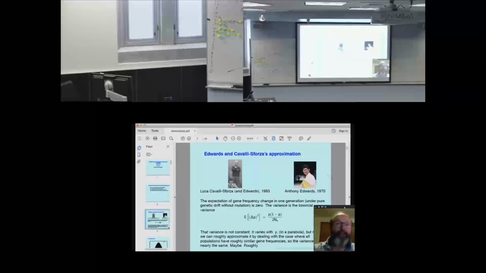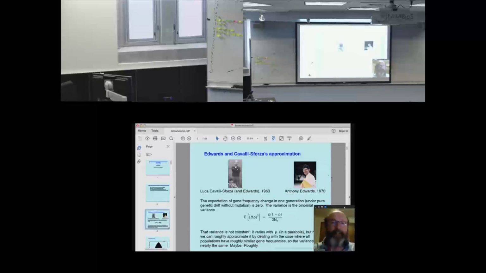When we start out trying to use Brownian motion as a model, the people who first did that were Luca Cavalli-Sforza and Anthony Edwards in the 1960s. And they were doing work which we now see is pioneering work in development of methods for inferring phylogenies. They were actually not working on different species.